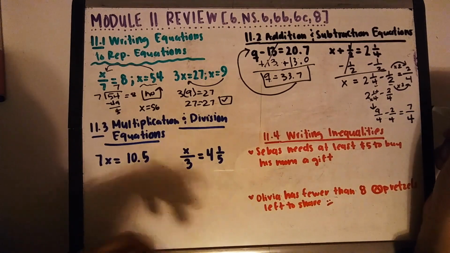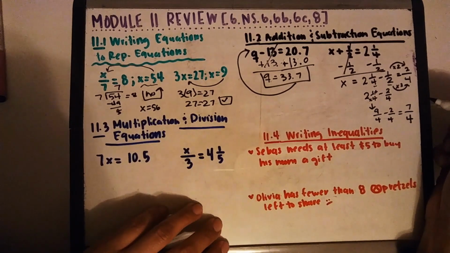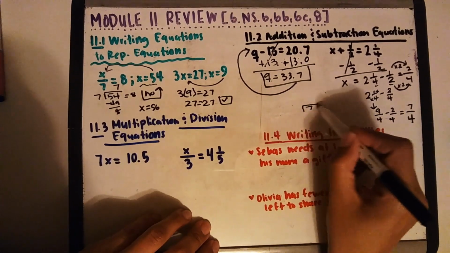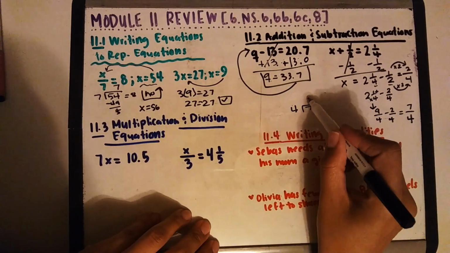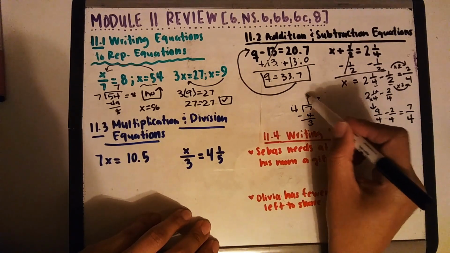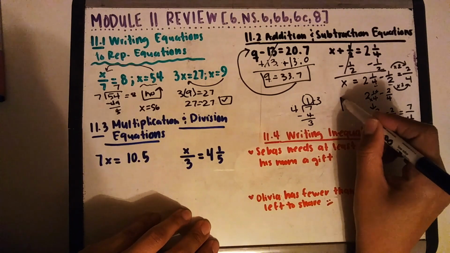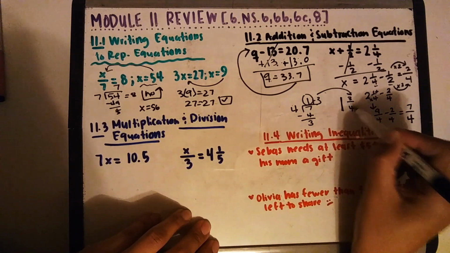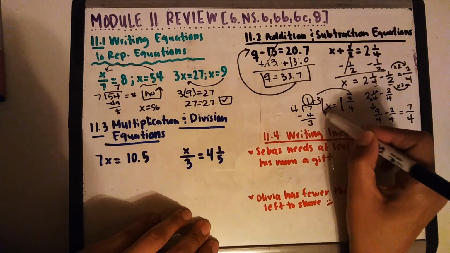And then I have to change it back into a mixed number. So again, many of us can do it mentally, but for those of us who need a little extra help, I go 7 divided by 4, that's 1 time. And I have a remainder of 3. This is my big whole number. And this is my remainder that goes right here. So 1 3/4. So x equals 1 3/4.